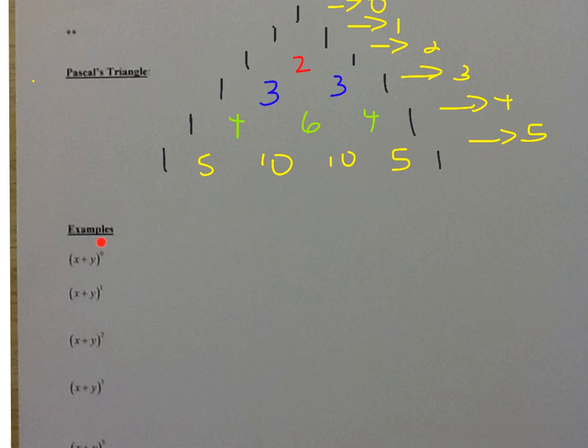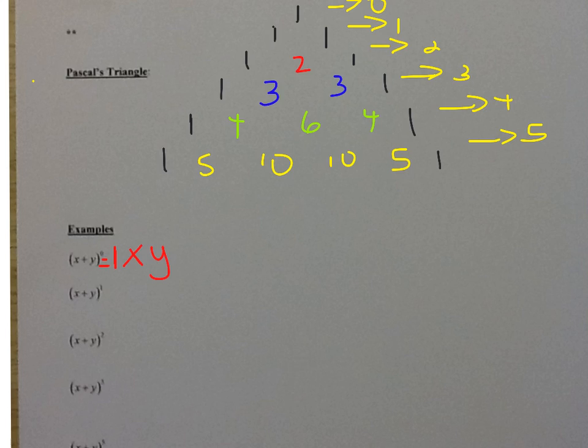All right, so let's take a look at the first one. We have x plus y to the 0 power. So for an exponent of 0, my coefficient is 1. So I only have one term, right? Coefficient is 1, xy.